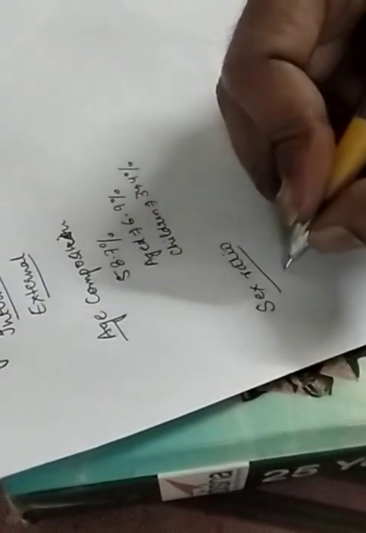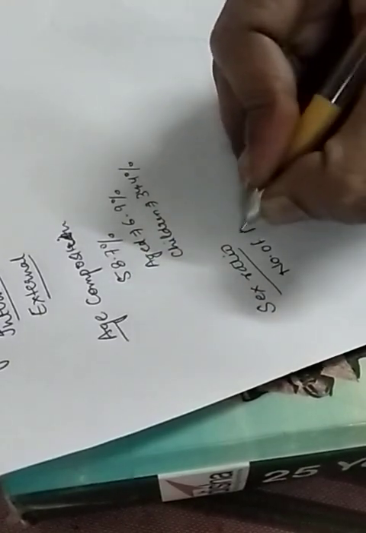Next is sex ratio. It is defined as the number of females per 1,000 males. Last year in November, the census came out for this sex ratio, and India has done really well.